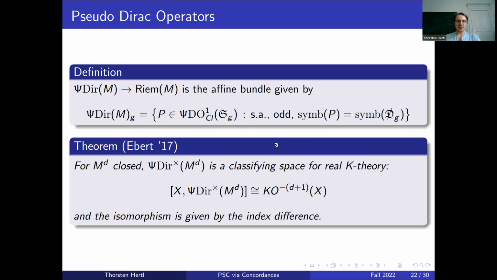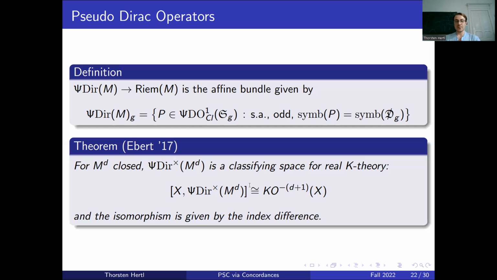And as I told you, if our manifold is closed and if this set is not empty, for example, if our manifold carries a positive scalar curvature metric, then the space of all pseudo-Dirac operators is a classifying space for real K-theory. That means that the homotopy classes of continuous maps from a certain space X into the space of all pseudo-Dirac operators are in bijection to the real K-theory group of our topological space X. This is a result of Johannes Ebert.